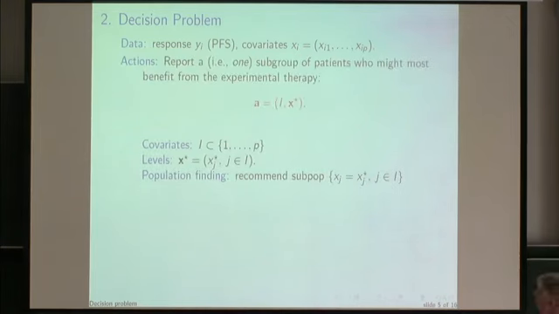And then when you want to actually talk about the optimal decision, we have to start out by introducing notation for the actions. We have to explicitly state the action set. What kind of choices do we consider? Our actions are of the following type. We identify a subset of covariates.